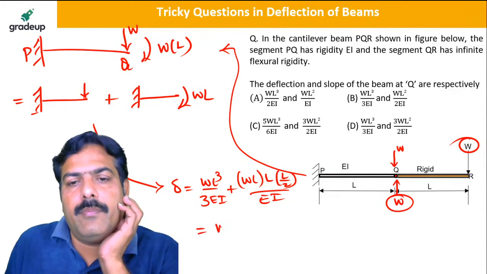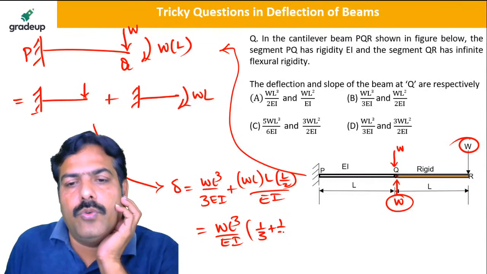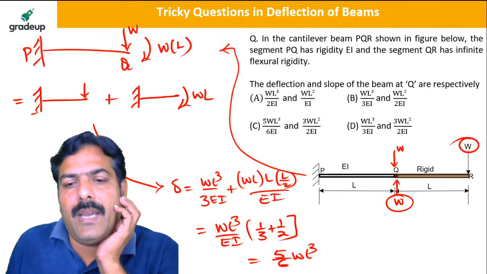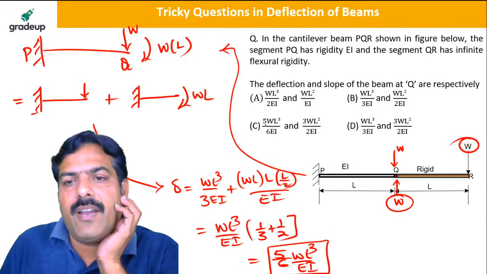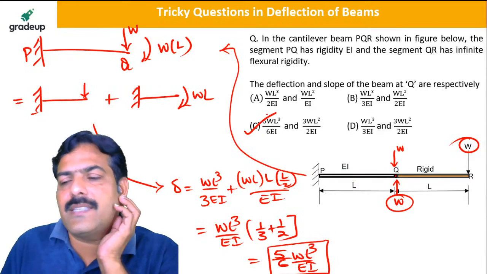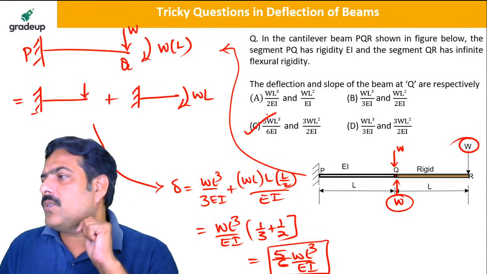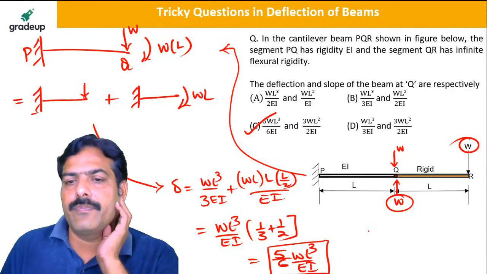So this will become WL cube by EI into 1 by 3 plus 1 by 2, and it comes out to be 5 by 6 WL cube by EI. So the deflection is 5 by 6. The only option showing 5 by 6 is C. So C is the right answer to this question, not B, my dear friends.